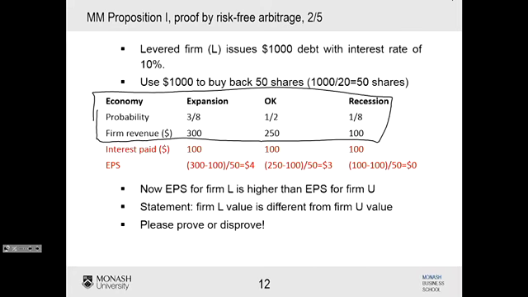But what is slightly different here is because the firm has issued $1,000 in debt, this firm has to pay the interest regardless of whether the economy is good or bad or okay. You can see that the interest payment is the same regardless of the economy situation.